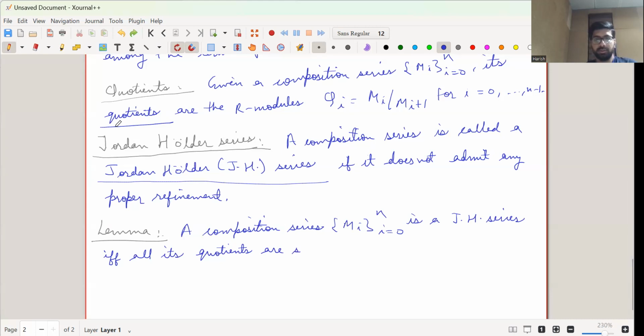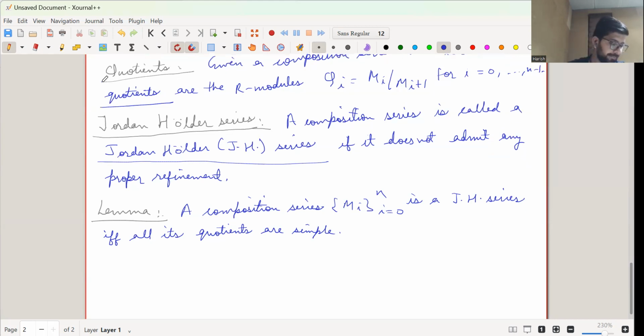Okay, so that's a crucial lemma. Your composition series is maximally refined if all the quotients are just simple modules.